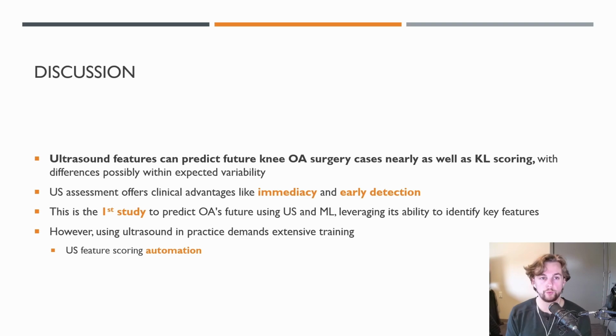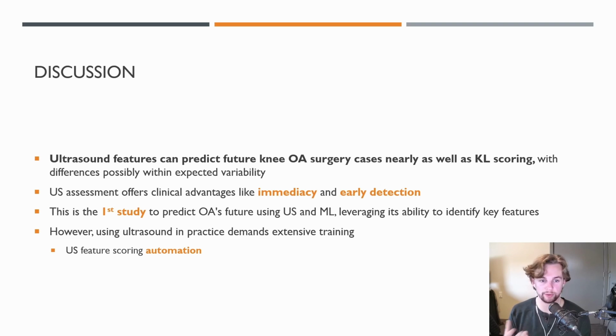So overall, they found after running the analyses and interpreting the results that ultrasound features actually can predict future knee osteoarthritis surgery cases nearly as well as the KL scoring, with differences that were within expected variability. The ultrasound assessment offers a couple of advantages like immediacy and its ability to detect early and constantly.